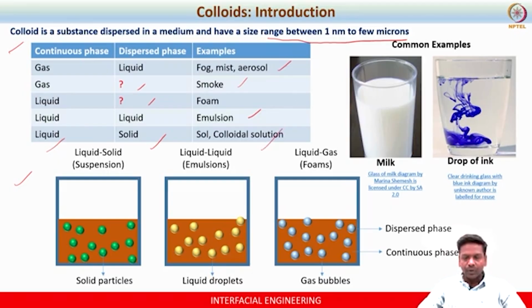If you want to understand, milk is a good example of an emulsion. It contains about 90 to 92% water, and you have fat globules and protein particles. Here fat globules are dispersed in the continuous medium, that is water, and protein particles act as a stabilizer to stabilize these fat globules.